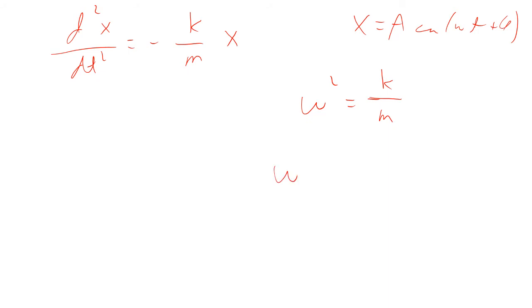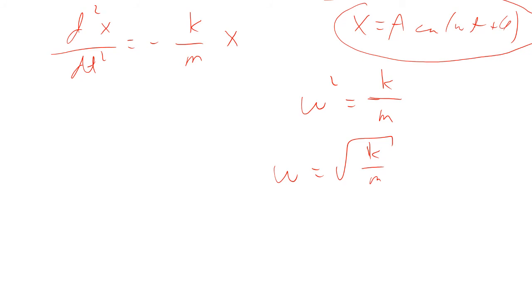Okay, so omega equals the square root of k over m. So that's the angular velocity right there. And with that, we have a solution. So this would be a solution to that differential equation right there.